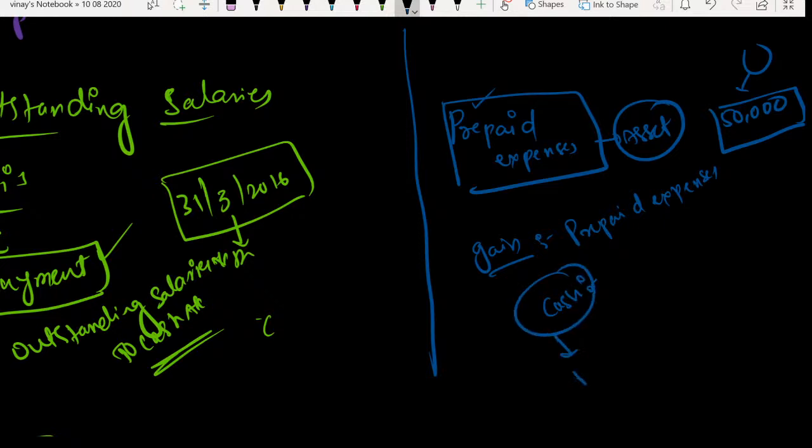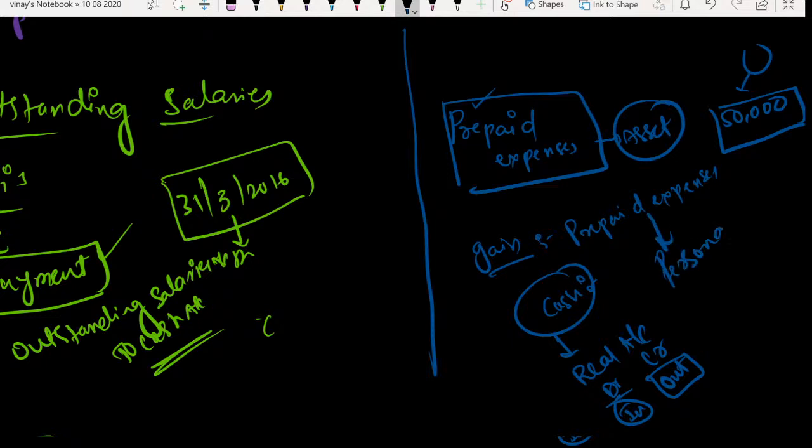So cash comes under real account, and the rule of real account is debit what comes in, credit what goes out. Then prepaid expenses is a personal account: debit the receiver, credit the giver. So whether he was a receiver of the cash or a giver of the cash, the answer is he's a receiver of the cash.